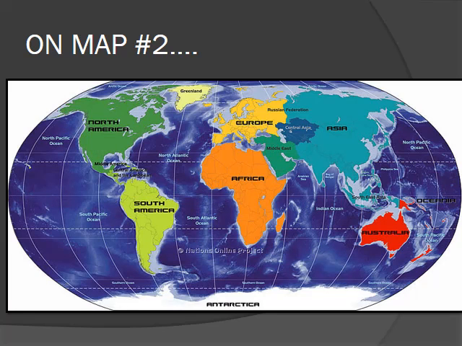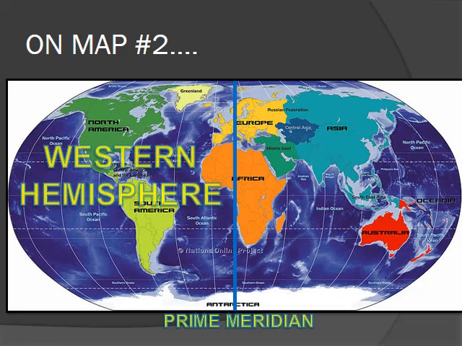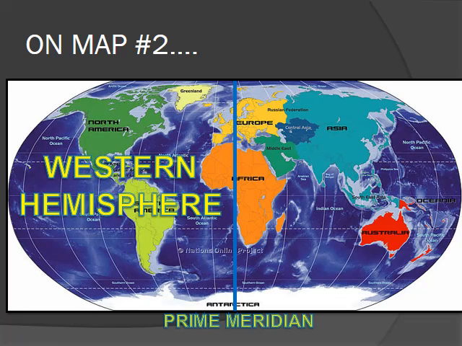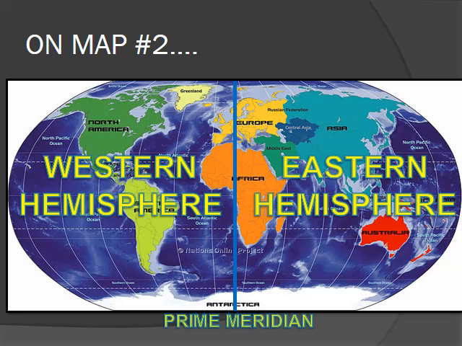And on map 2, get out your blue pen or pencil, and I want you to draw and label the prime meridian. Remember, you need to go through Europe and go through Africa, go through Antarctica, just as you see on the map on the board. And then I want you to label your western hemisphere and your eastern hemisphere.